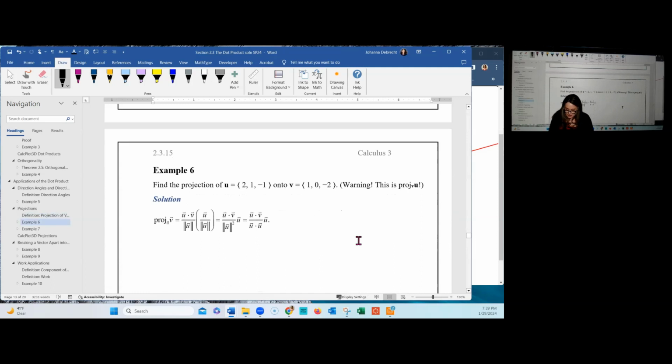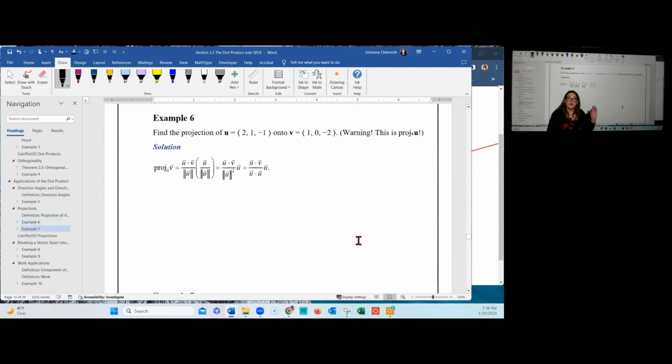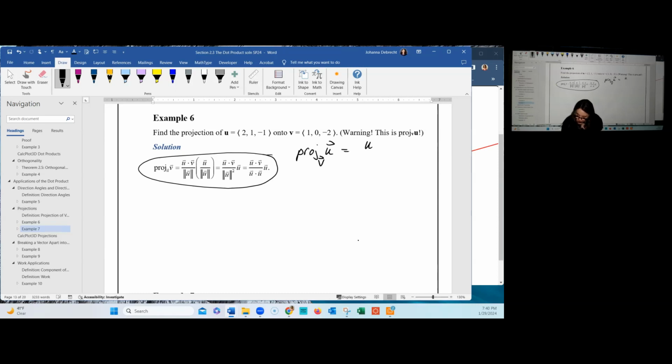So if I'm asking you for the projection of U on V, then, and this is just a formula for V on U, the projection of U onto vector V would be equal to U dot V again, right?